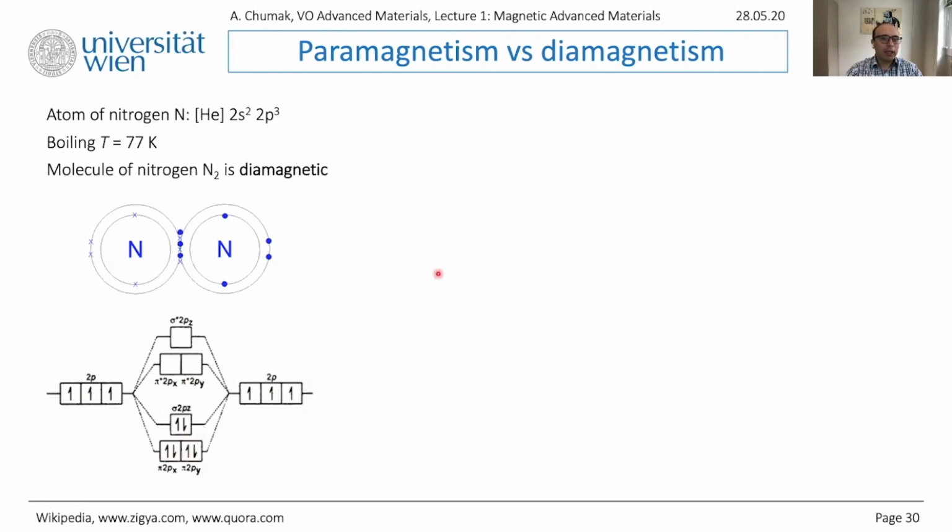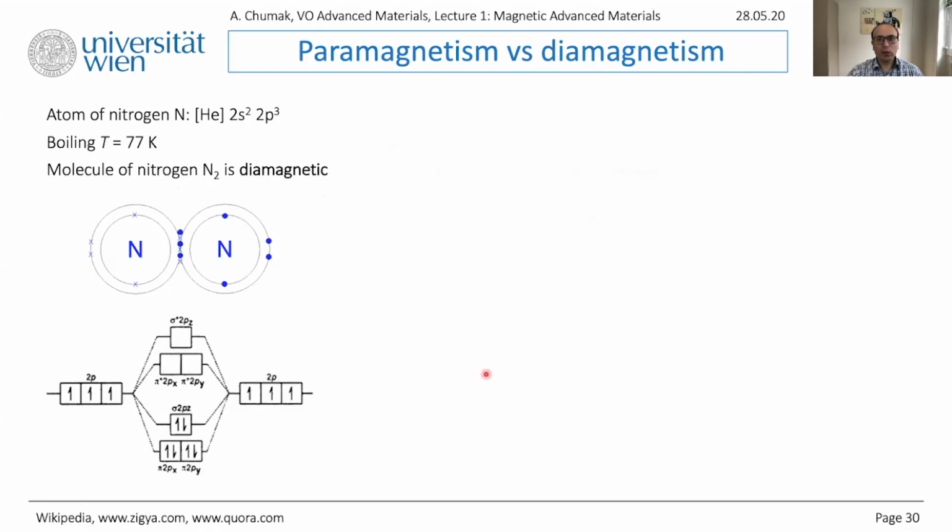In this case, you can see that the magnetic moments from the spins of these electrons are compensated. So here you have a completely filled shell, which means that the molecule of nitrogen is diamagnetic.